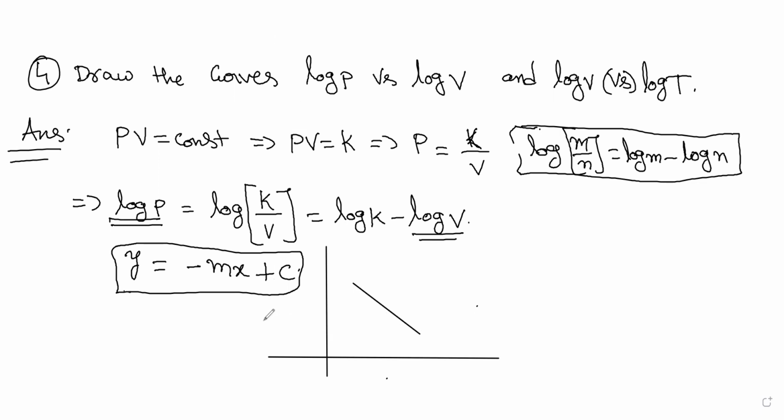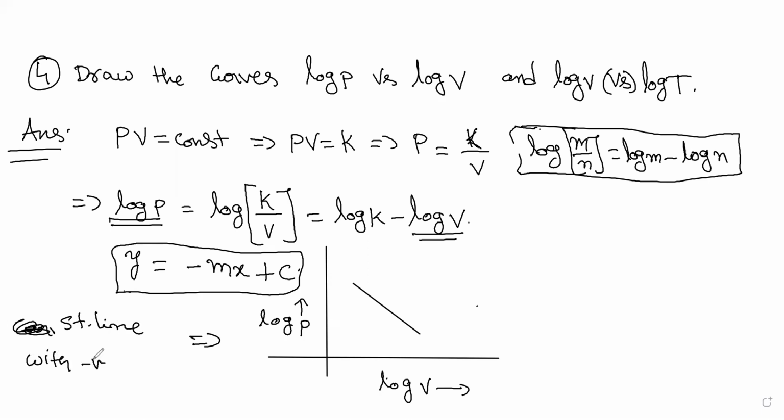So you get log P versus log V. This is the curve, a straight line with negative slope.